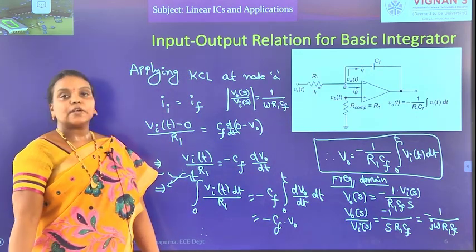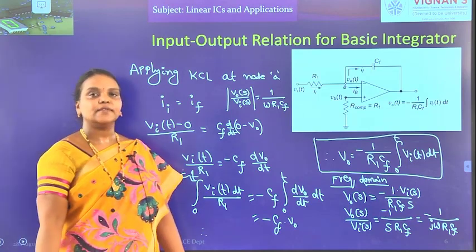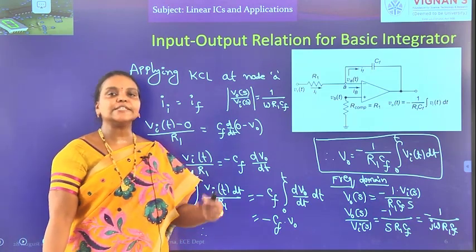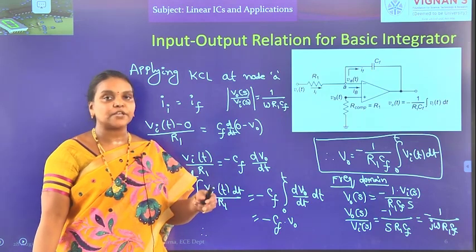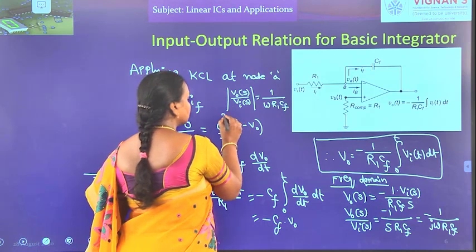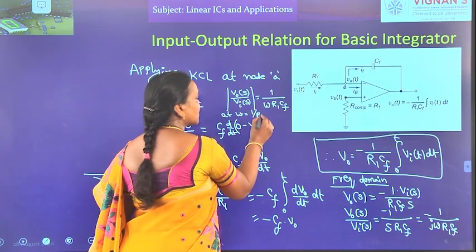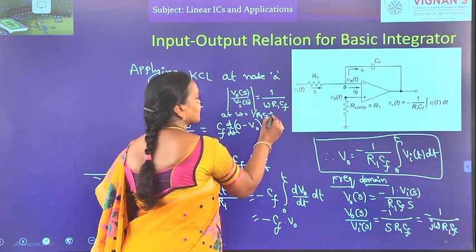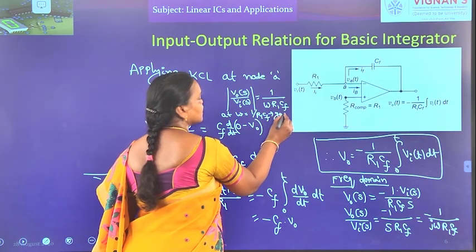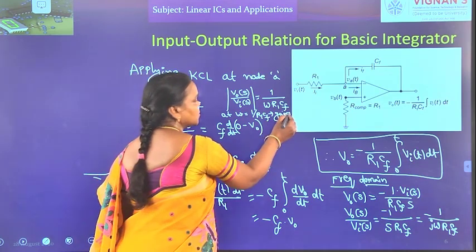When omega is equal to 1 by R1 CF, what happens to the gain? It is unity. Gain is unity means gain in decibels becomes 0. So, at omega equal to 1 by R1 CF, gain is 1 or 0 decibels.